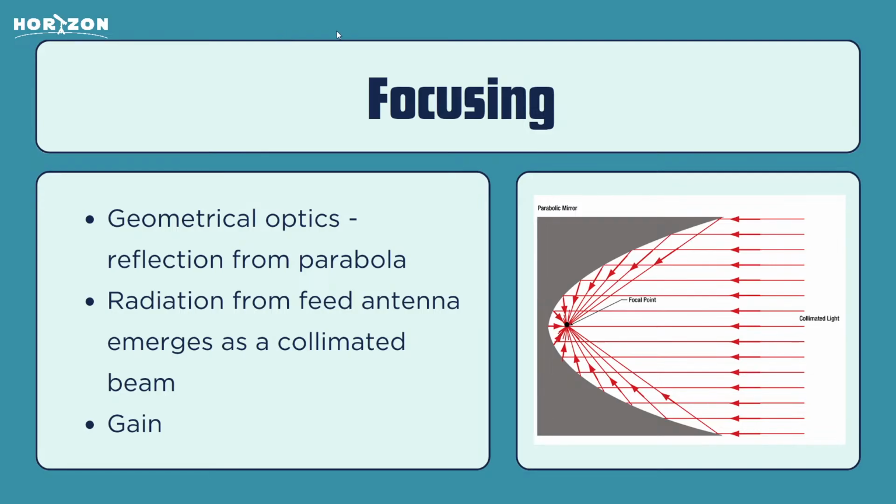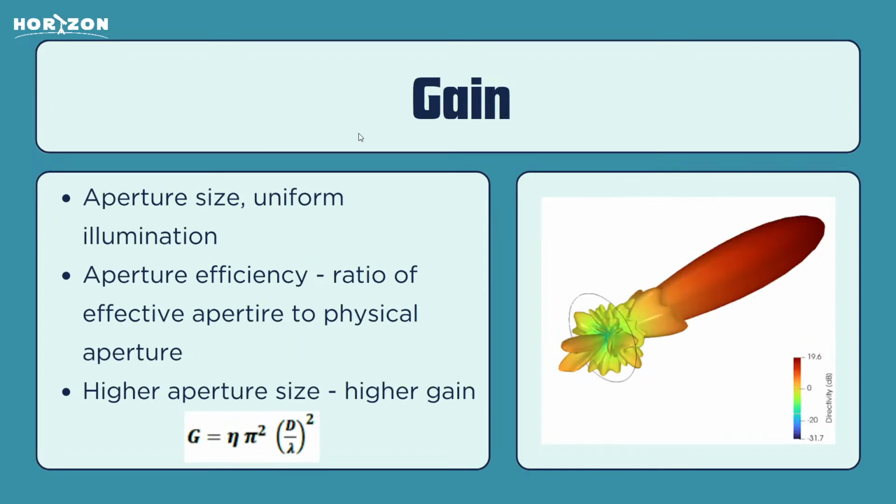This affects the gain of the parabolic reflector. The gain of a parabolic antenna depends on its aperture size with respect to its wavelength and on how uniformly it's illuminated. A result of aperture antenna theory is that the gain is given by the equation on screen, where eta is the aperture efficiency, which is the ratio of the effective area of the aperture to its physical area.